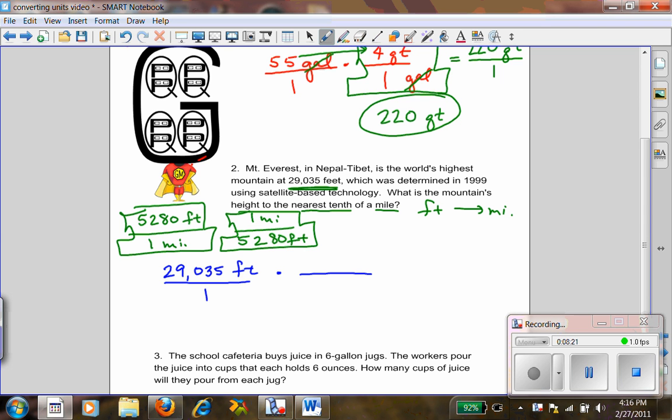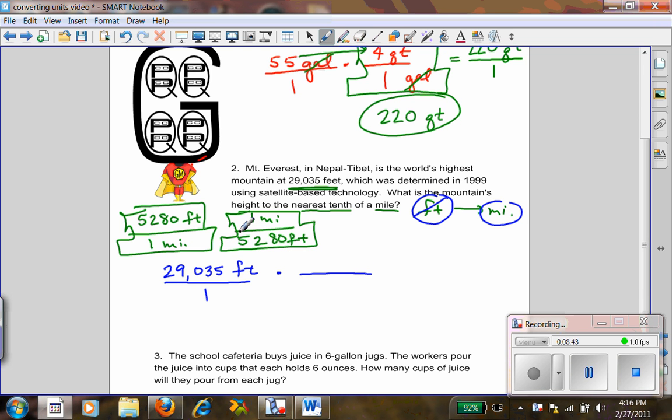Now, my goal is to get rid of feet. I want to get rid of this, and I want to be left with this. Meaning, down here, I need to get this guy to cross out. So feet is in the numerator. So that means I want to put feet over here in the denominator so I can simplify.